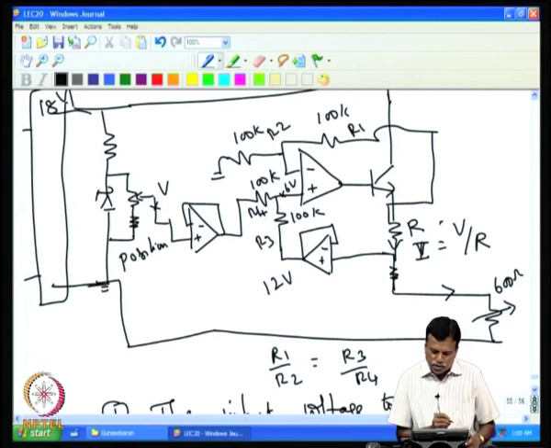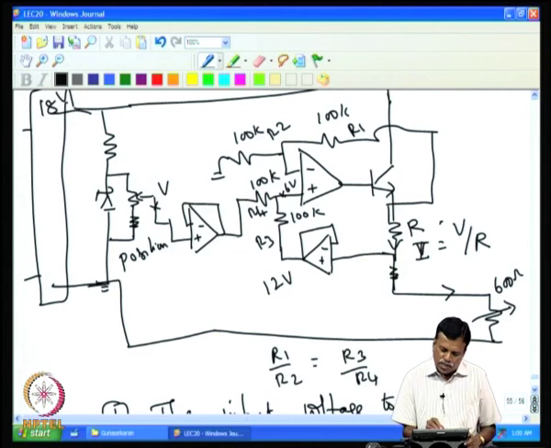And of course, soon we find that if this is not going to 0 and this also will not go to 0, then the output current also will not go to 0. That problem we will soon have.